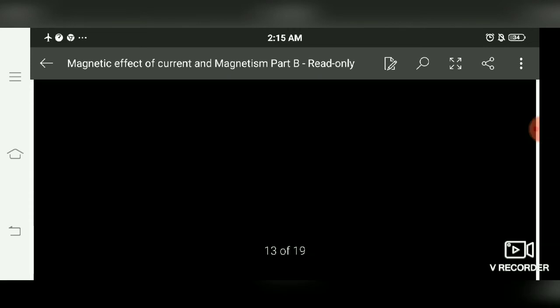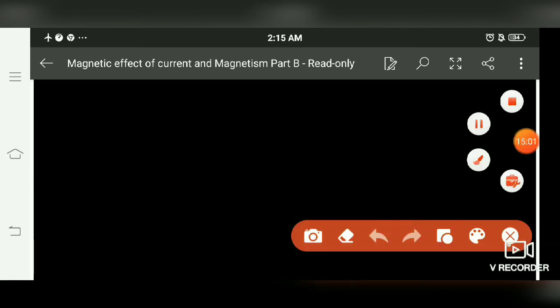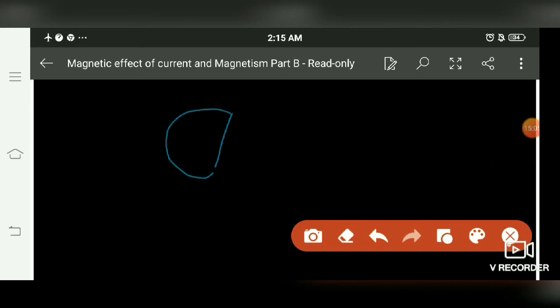So its construction seems to be like this. D1, it's hollow from inside, made up of metal. D2, also hollow from inside, where a space is there between these two.